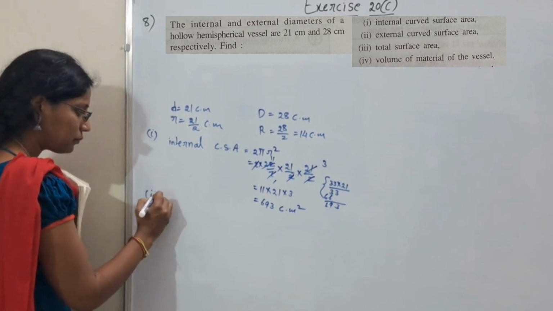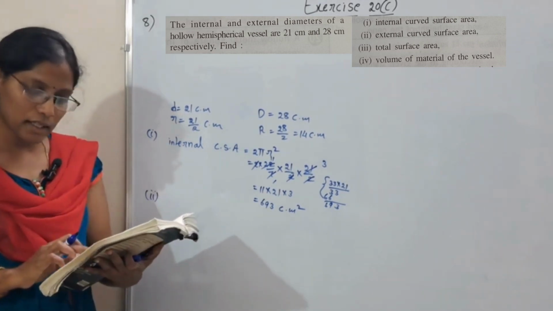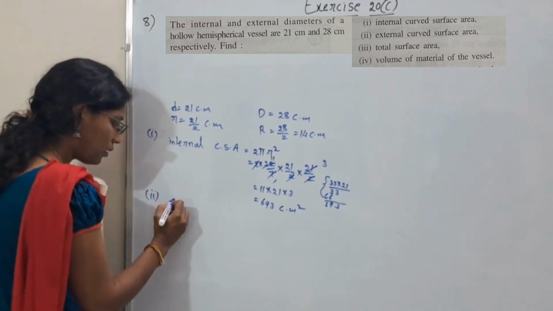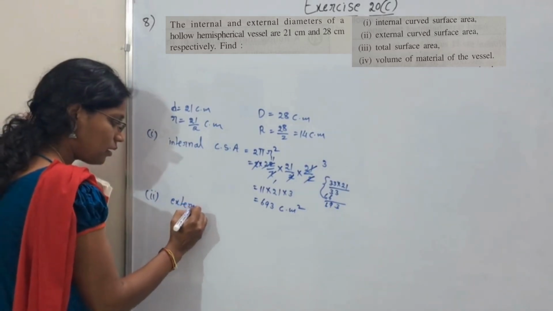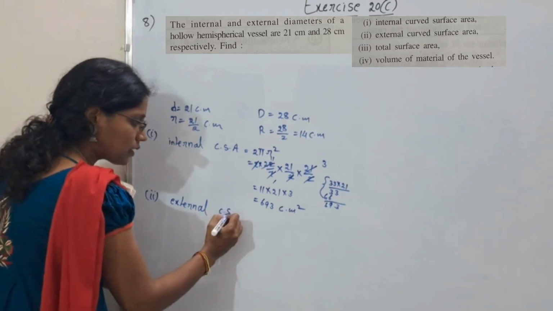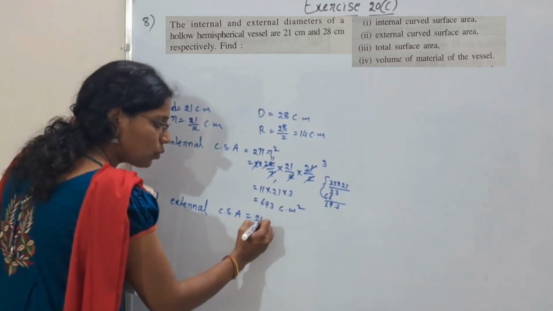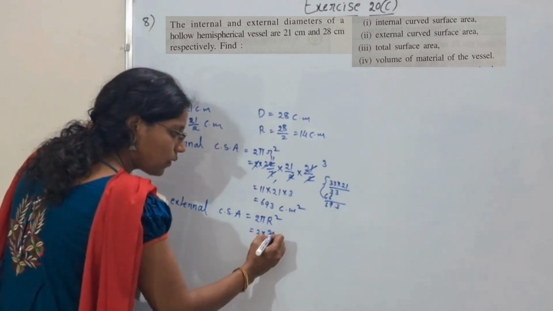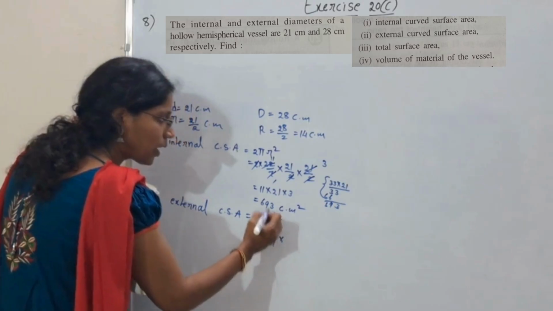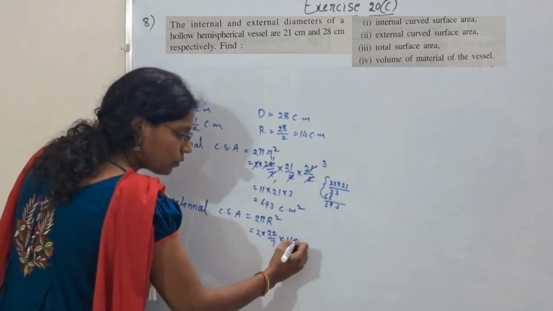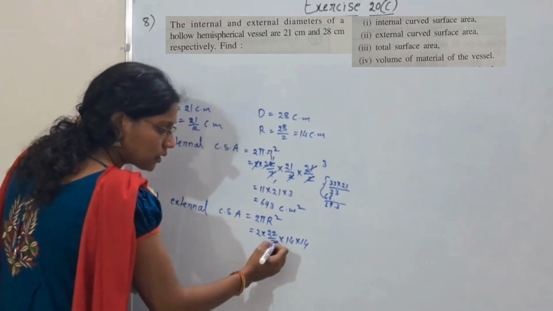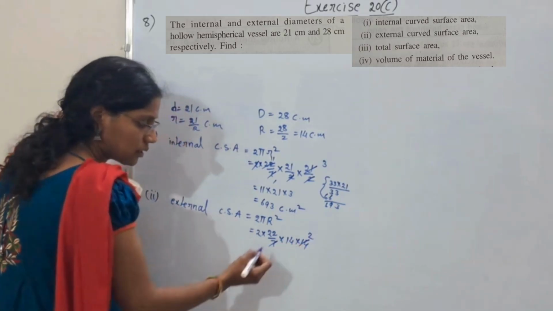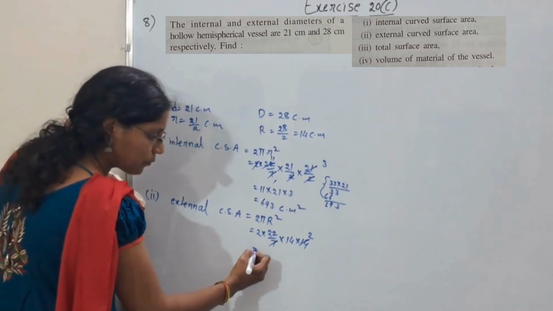Next, second one. External curved surface area. External curved surface area is equal to 2 pi capital R square. External, 2 into 22 by 7 into capital R 14 into 14. Here 7 twos are 14. Remaining we have to multiply.